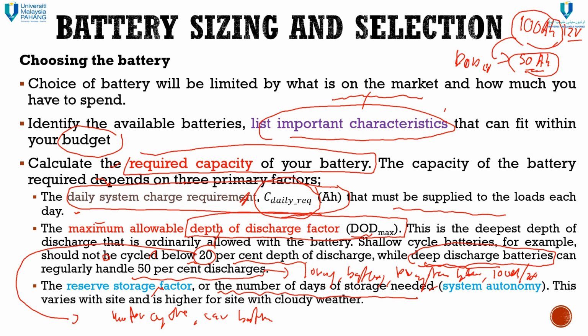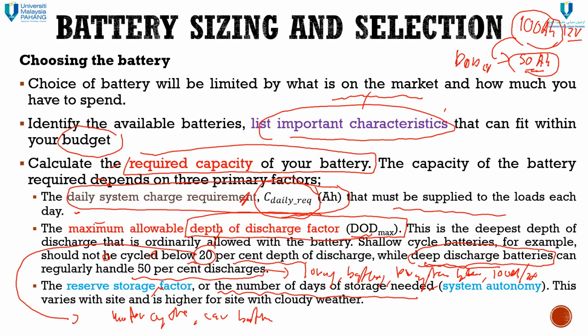So how many days of backup? This is what we call system autonomy. If we want 3 days, we need to multiply by 3 days. For example, we calculate the daily system charge requirement and get 100Ah, but we want it to withstand for 3 days.